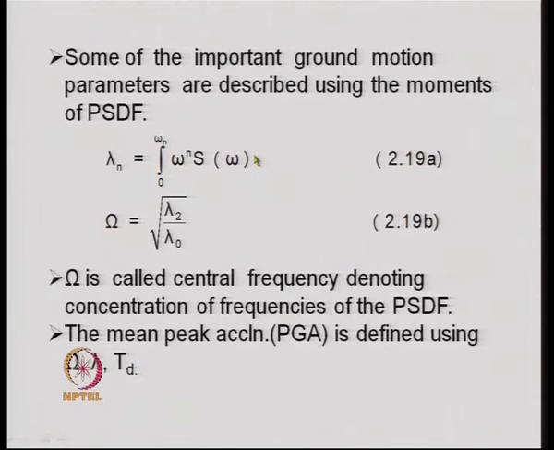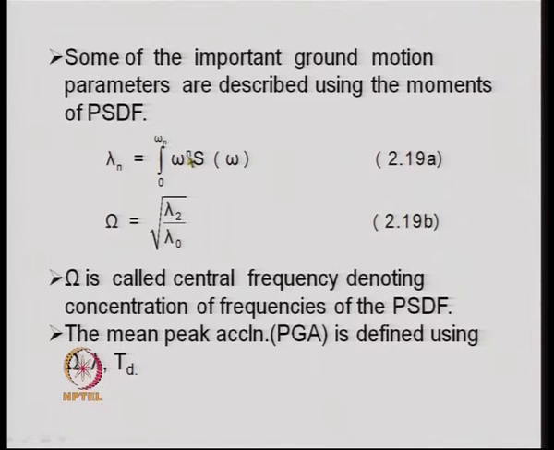Now, this is integrated again from 0 to the Nyquist frequency, that is up to the point A that I had shown initially in the figure of the Fourier spectrum.